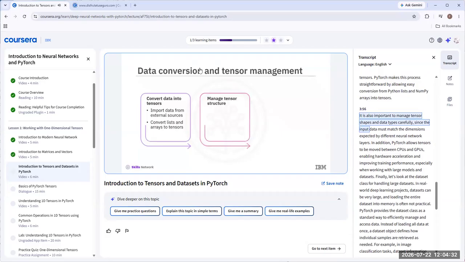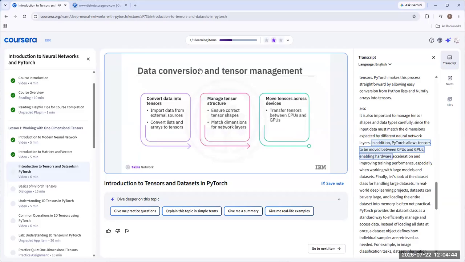It is also important to manage tensor shapes and data types carefully, since the input data must match the dimensions expected by different neural network layers. In addition, PyTorch allows tensors to be moved between CPUs and GPUs, enabling hardware acceleration and improving training performance, especially when working with large models and datasets.